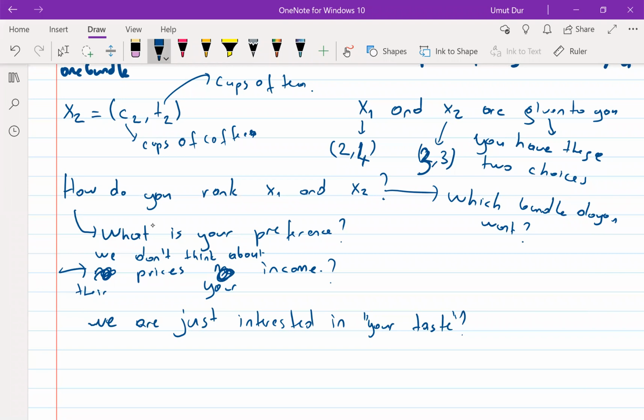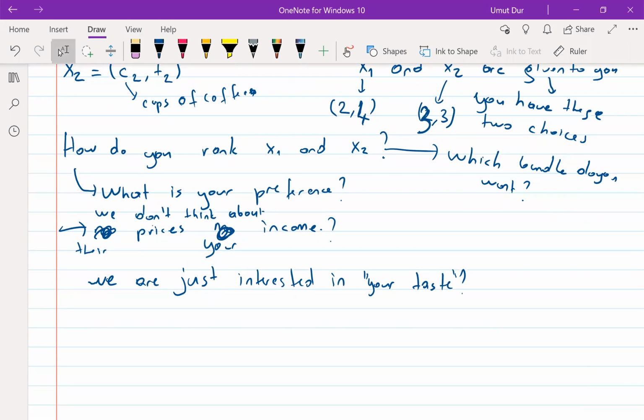Perfect. As you can see, you have different answers here, which means that you have different tastes, and we are representing your taste using the preferences. So we say that, for example, if you prefer X1 to X2, then we write X1 is preferred to X2.